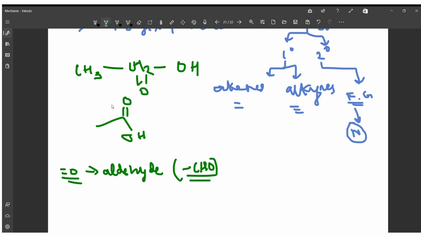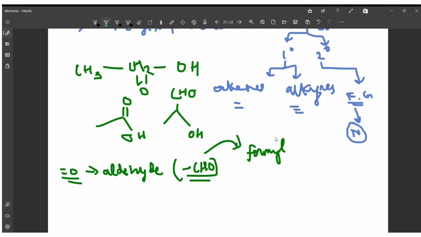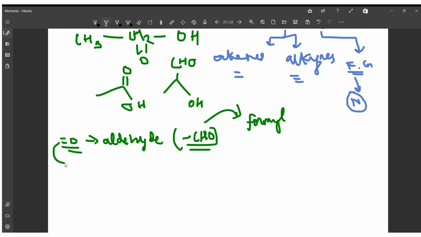So suppose if there were a CHO, let us name this compound 2H. So we will have to put the prefix formyl because the main name for aldehyde is formaldehyde. And if it's only the double bond O, we can feel free to put oxo as the main substituent.